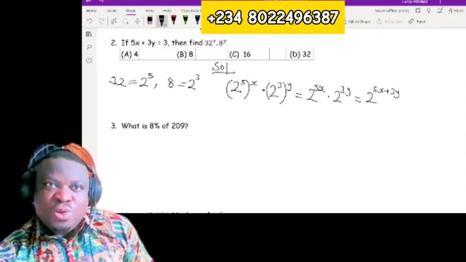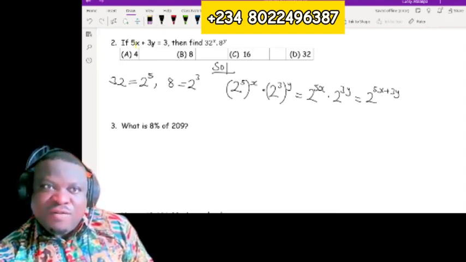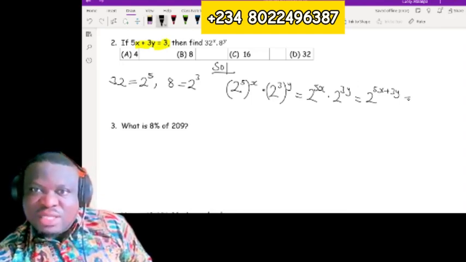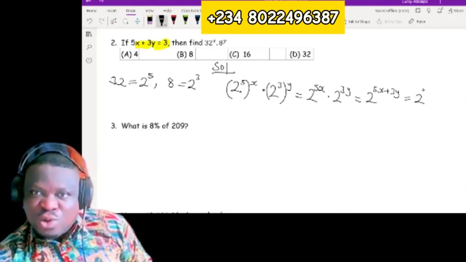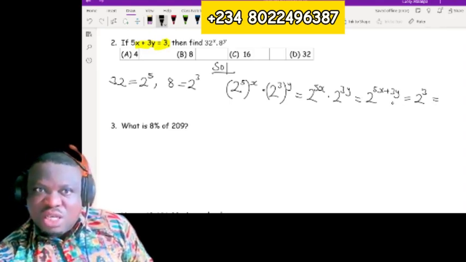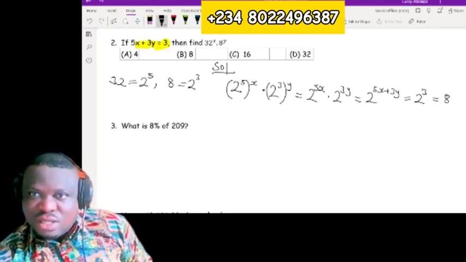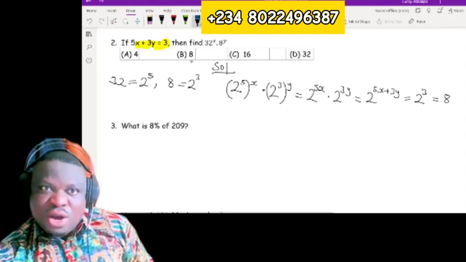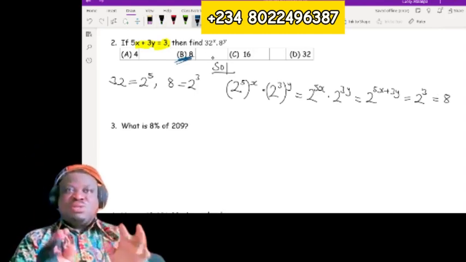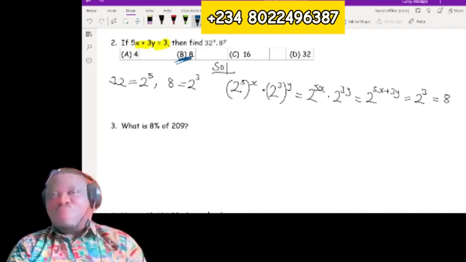And we have been told in the question that 5x plus 3y equals 3. So everything here is now 2 to the power of 3, and 2 to the power of 3 is simply 8. So that makes option B the correct answer. You can see how simple it is to do this particular one.